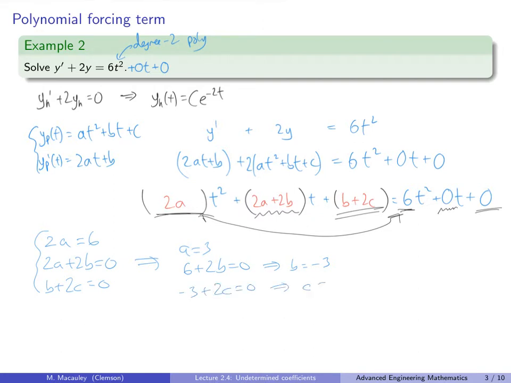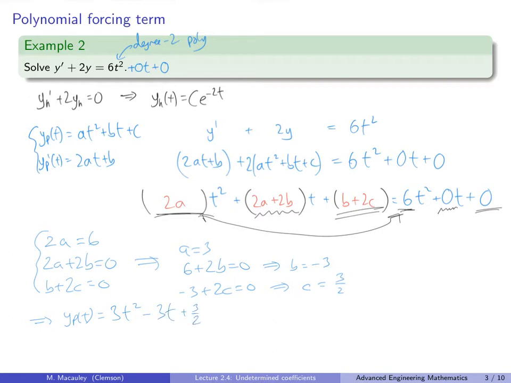And we get c equals 3 halves. So now we found our particular solution. We have determined that yp of t is, again, at squared plus bt plus c. So that's 3, negative 3, and 3 halves. So that's 3t squared minus 3t plus 3 halves.